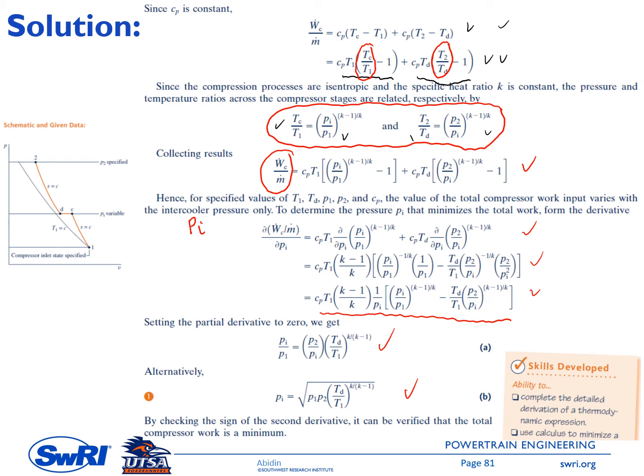So once again, to get the minimum compressor work, Pi should be the value of equation B here. So it is a function of P1, P2, and then Td, and T1, and then K.